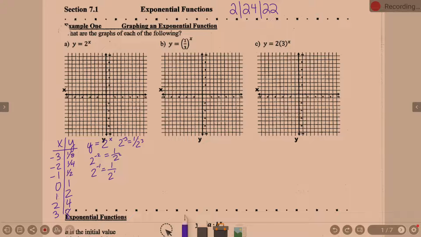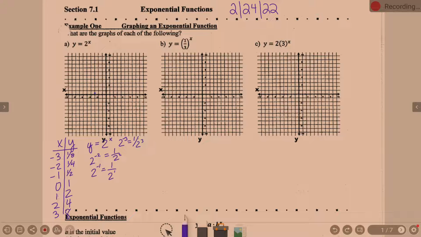Okay, let's graph this and see what we can do. -3, 1/8. So -3 takes me what direction? Left 3. What's 1/8 do? You go up 1/8 of a box.